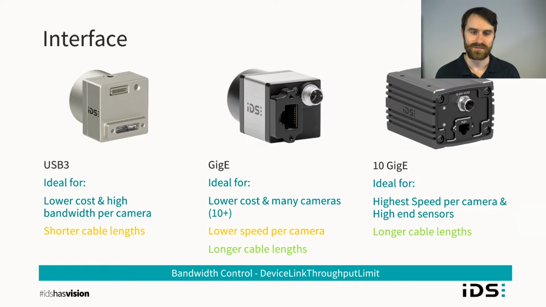The scalability of network infrastructure is just absolutely excellent, as long as you can deal with lower speed per camera and longer cable lengths. If you go with 10 GigE, you'll have the highest speed per camera and the highest end sensors, and you have that same longer cable length from GigE. You just have the most expensive option there.